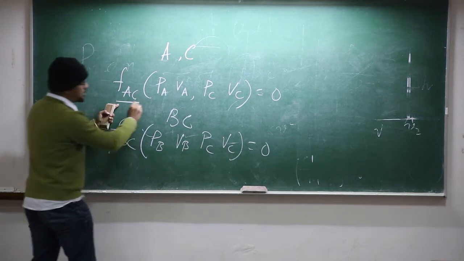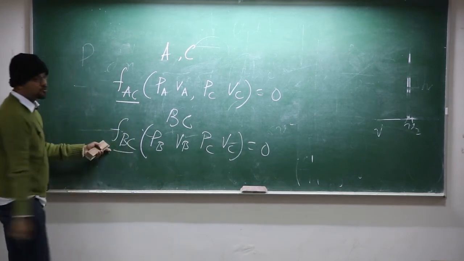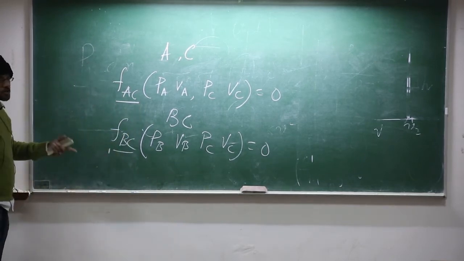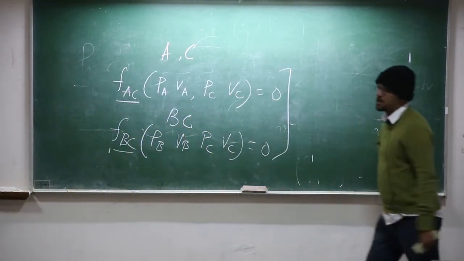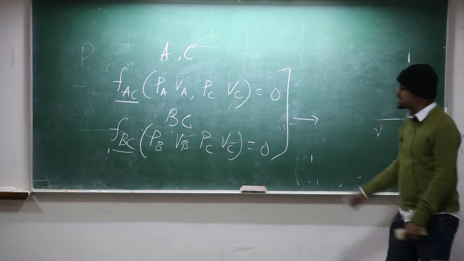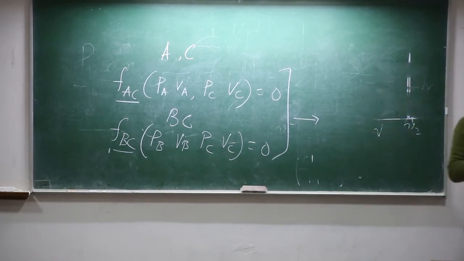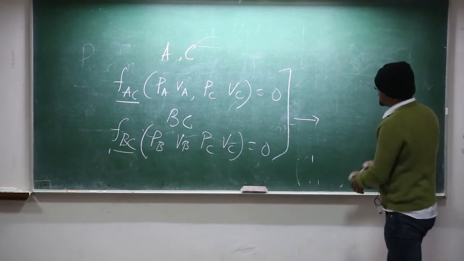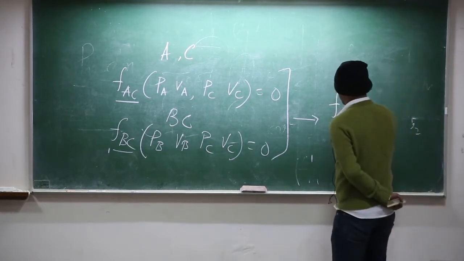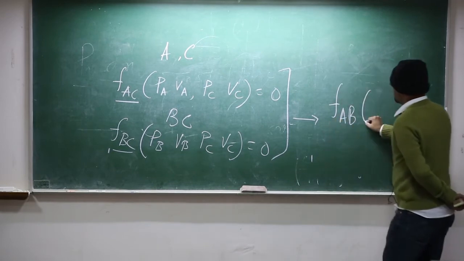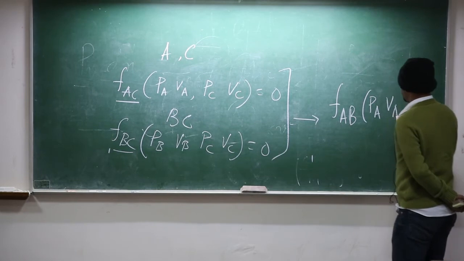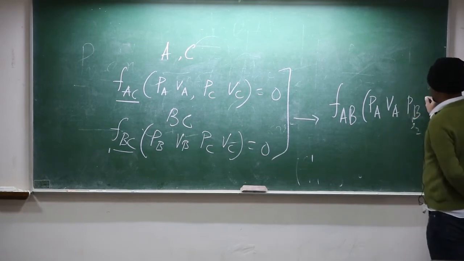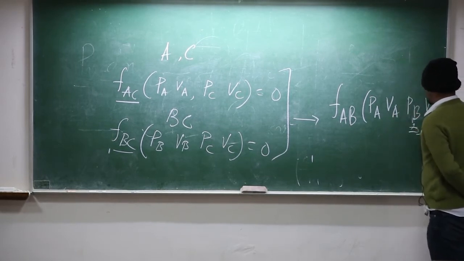This is the first statement, first part of the statement of the zeroth law. System A and C are in equilibrium, system B and C are in equilibrium. And now, what does it amount to? The zeroth law states that these two statements are the same as saying that now system A and B must be in equilibrium, right? When I say system A and B are in equilibrium, there should be a third function, FAB, which is now properties of PA, VA, PB, VB equals 0.